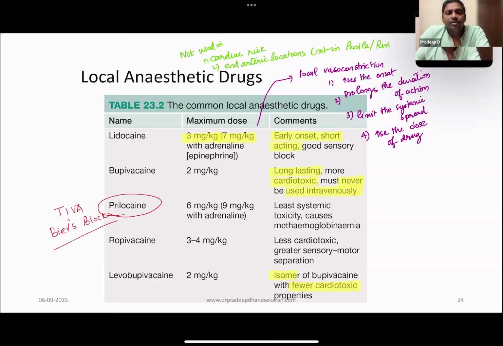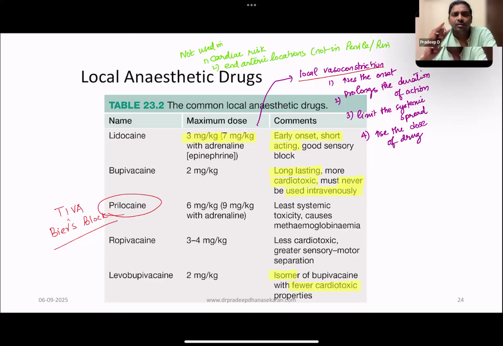Right? What is the use of adding adrenaline to local anesthetic? By adding adrenaline, it can cause local vasoconstriction. Because of the local vasoconstriction, the following 4 advantages are going to happen.